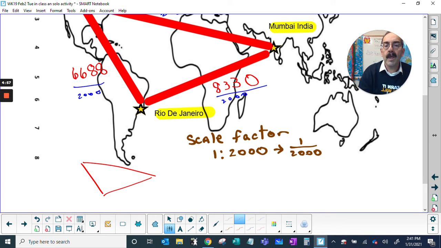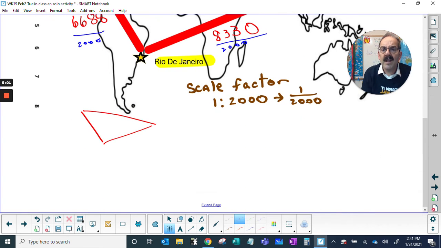All right, and we had 7777, here we had 6688, and over here 8330. We have a scale factor of 1 to 2,000 so that we can put it on a piece of paper like a road map, right? Scale factor. Okay, so we're going to divide everything.